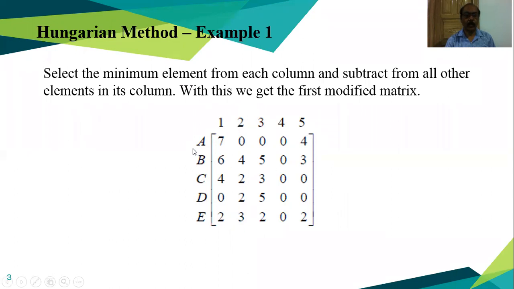Now we have to draw the lines, horizontal and vertical, to cover all the zeros. So if we check horizontally, if there is only 1 zero, we can draw the vertical line. But if we check vertically, if there is only 1 zero, then we can draw the horizontal line.